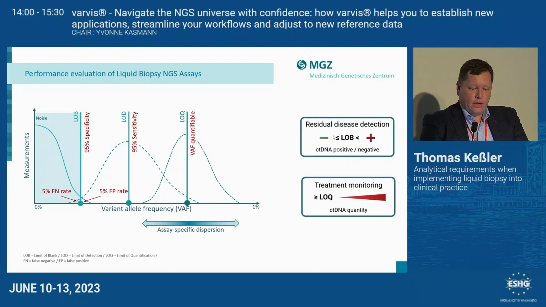So you have the limit of blank, which is critical, for example, for residual disease detection. If you're above it, you are sure that you detect something that is real. And the limit of quantitation is a measure that is important for treatment monitoring, for example.